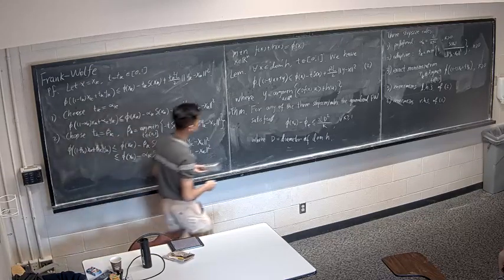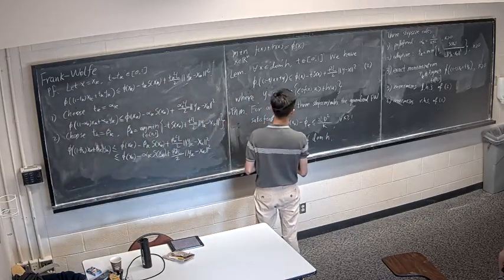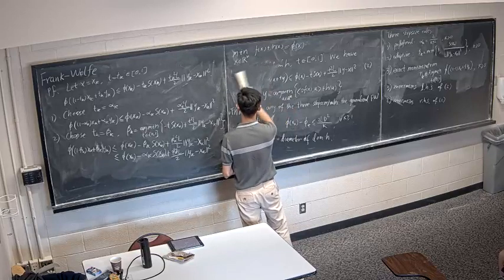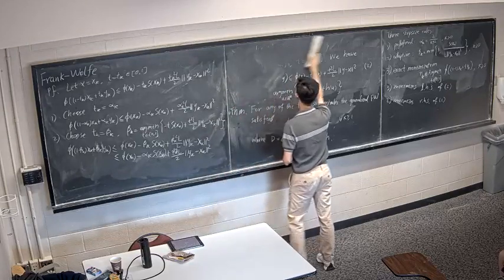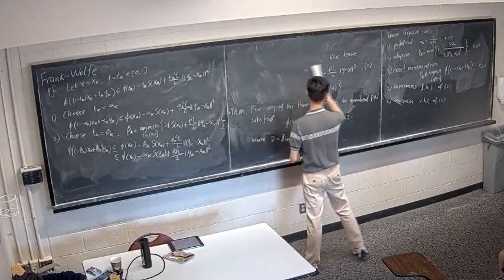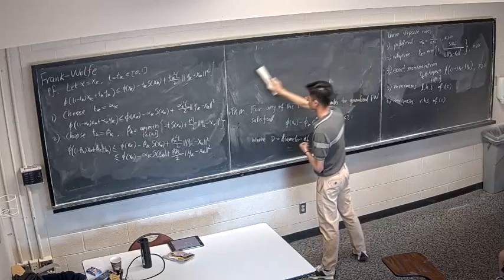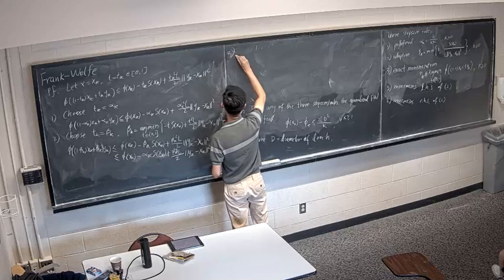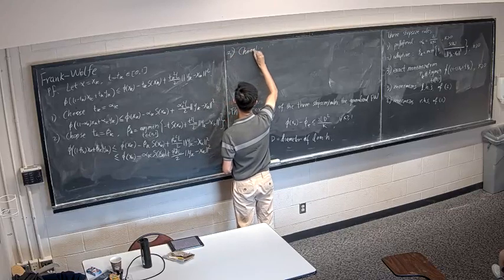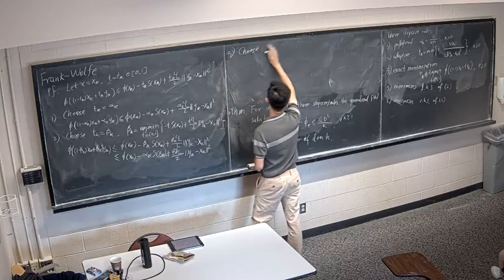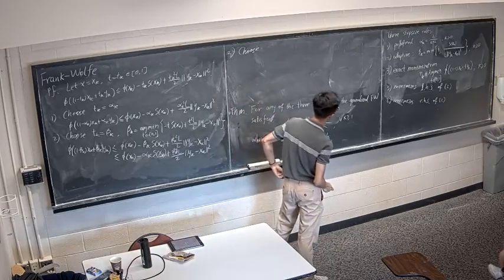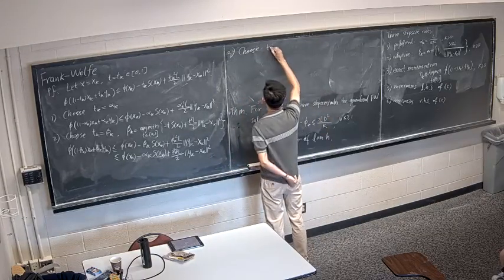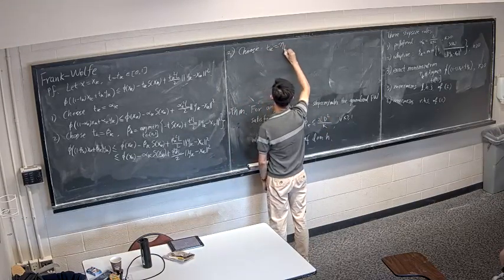And for the third case, that's the exact minimization. We take tk to be eta k.